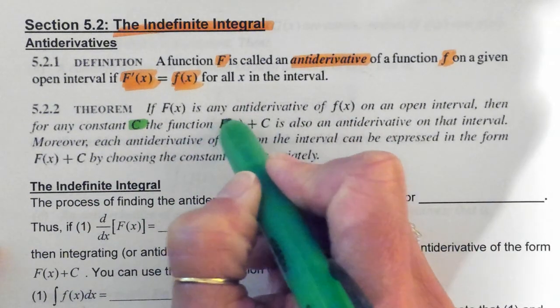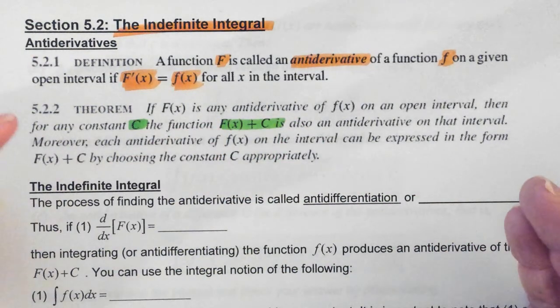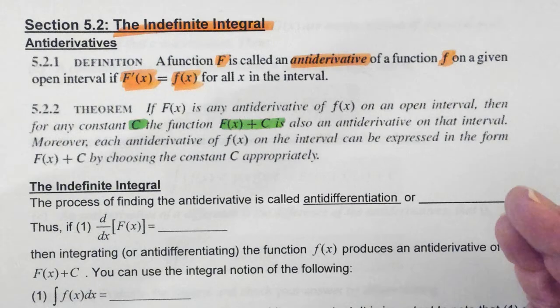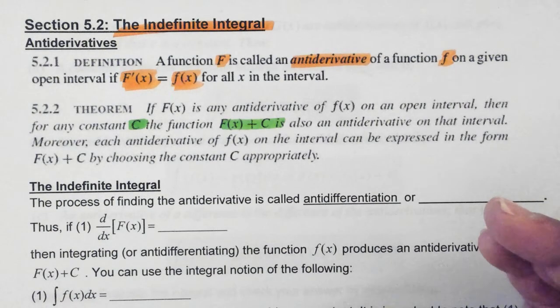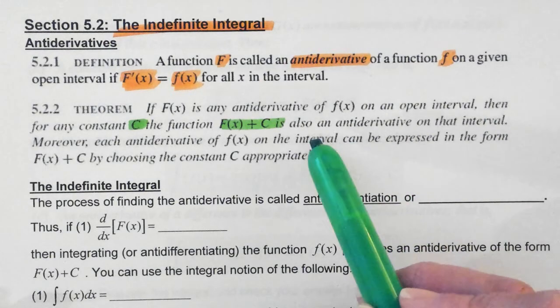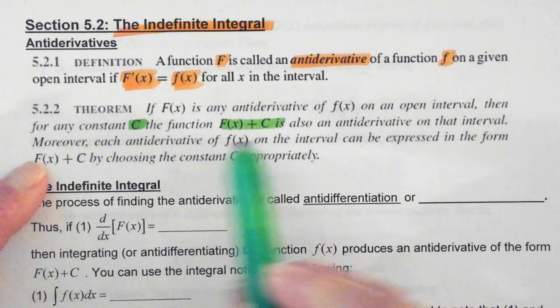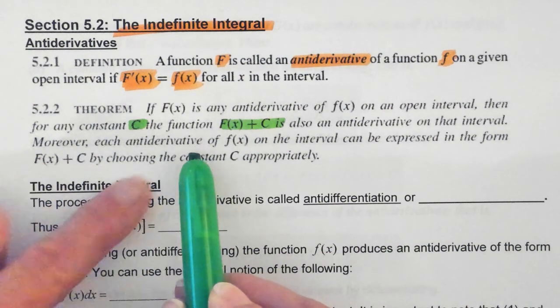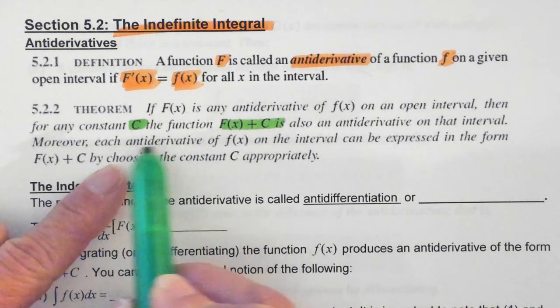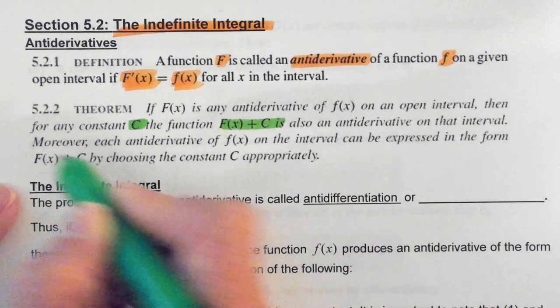When you take the integral, you have to write that plus c. You're just covering yourself saying that there could be a constant there. And you have to indicate that. Eventually, we will figure out what it is when we go into the definite integral. Okay, and it says also an antiderivative. This is also an antiderivative on that interval. Each antiderivative or integral, because this is just such a long word, of f of x on this interval can be expressed in the following form.